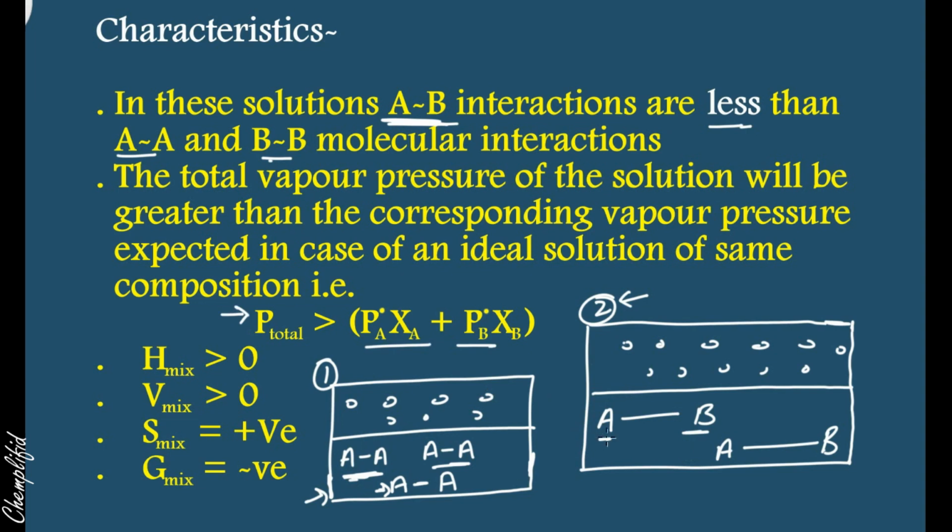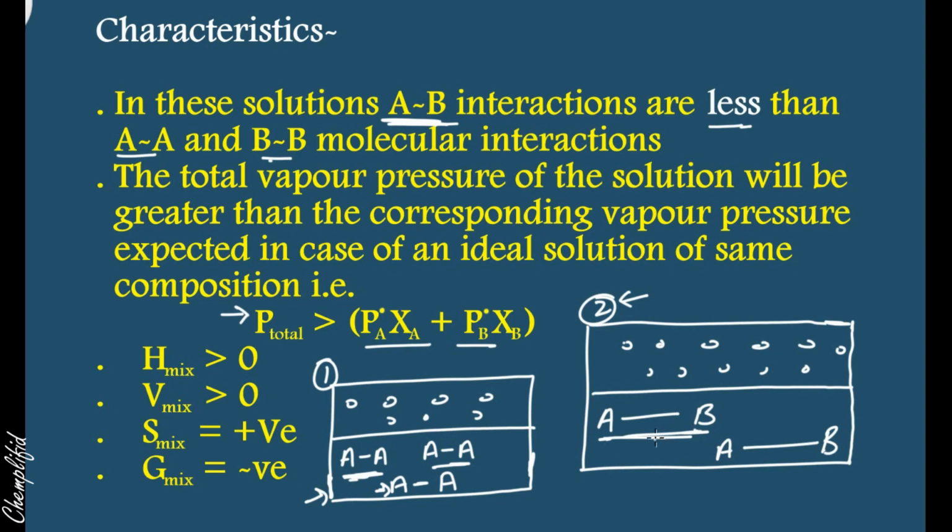Understood? Since there is no interaction, the solutions become volatile and the total pressure increases. Why? Because the force of attraction between A and B is not good. So the solution becomes a little bit more volatile and the pressure above the liquid increases.